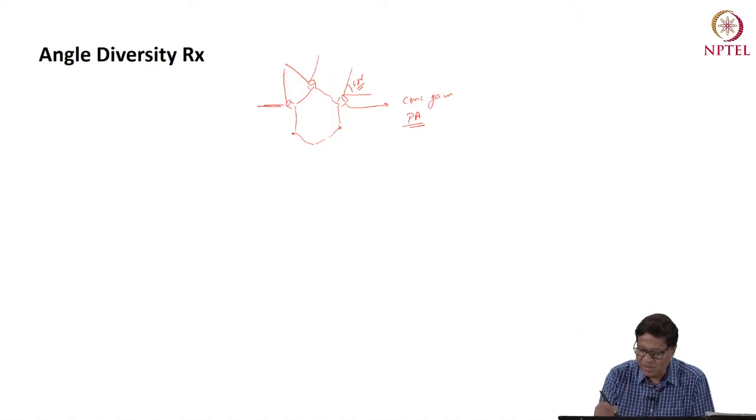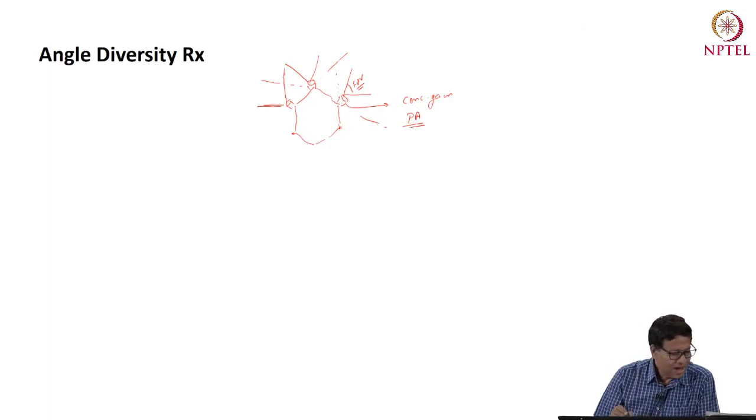So if you make a wide FOV here, and this is also a FOV here, light is captured by at least one receiver.